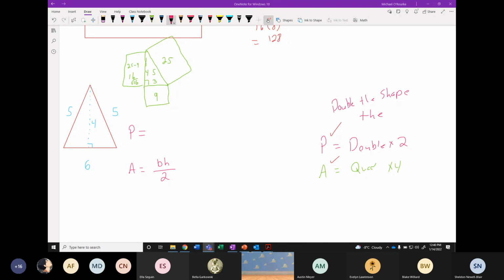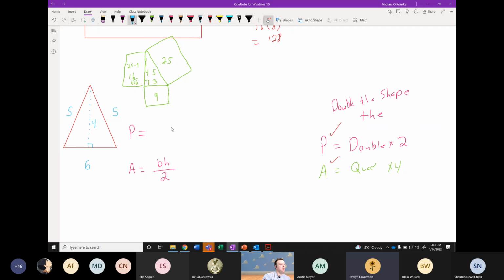What were our calculations here? Who wants to give me my perimeter and who wants to give me my area? My perimeter was 16.